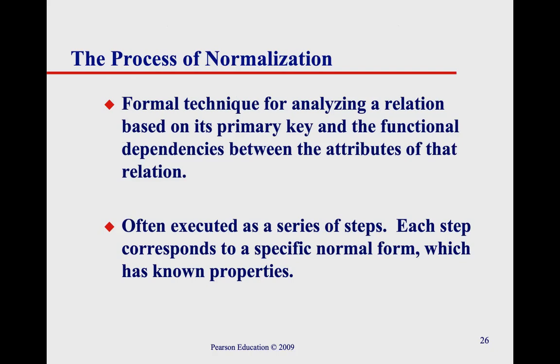And then we're going to use those functional dependencies to decompose relations into subrelations. And when we've identified our primary keys, we have typically identified unique entities. So generally, each primary key is going to be associated with a different entity.